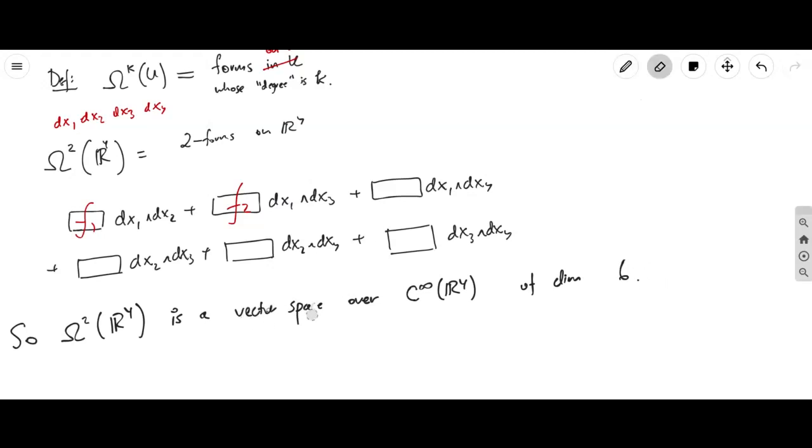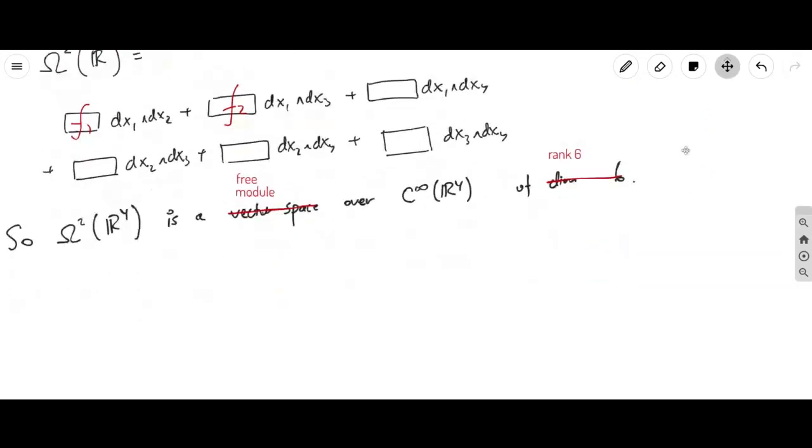But vector spaces are usually reserved for when you talk about fields. So the actual terminology here is, you would say it's a free module, because it has a basis. In general, modules are not free; only vector spaces are free. So you would say it's a free module over this commutative ring, because this is not necessarily a field anymore. And you would say, instead of dimension, you would say rank. So you're basically saying the same thing, just using slightly different language.